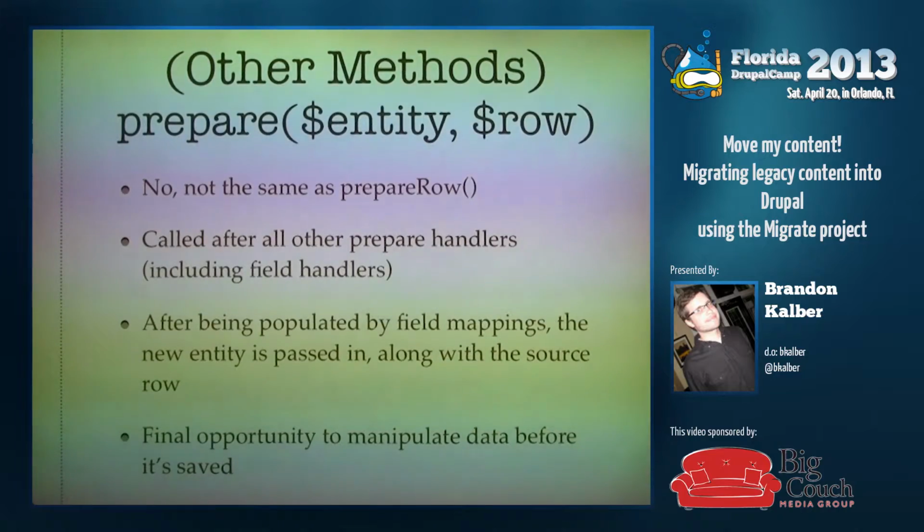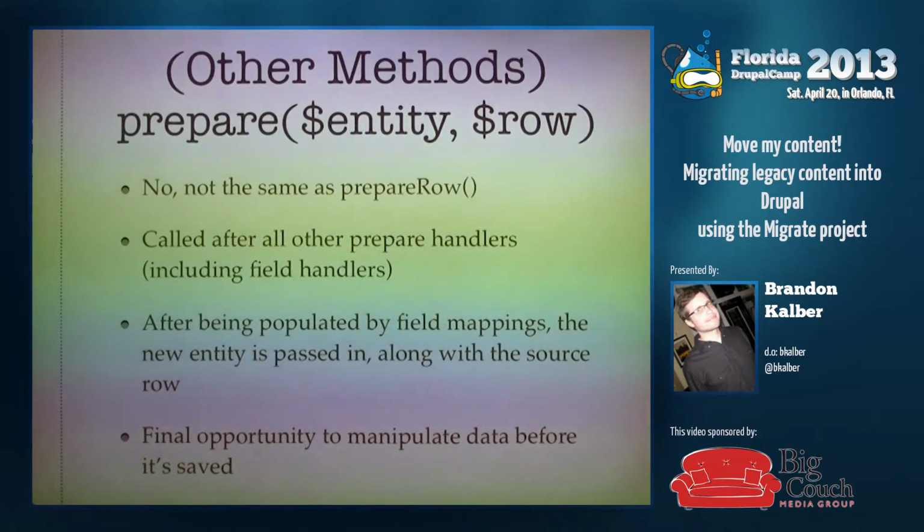Prepare row is called between your source data being queried and your migration touching it. Prepare is called after all the other handlers have been called, including the field handlers.